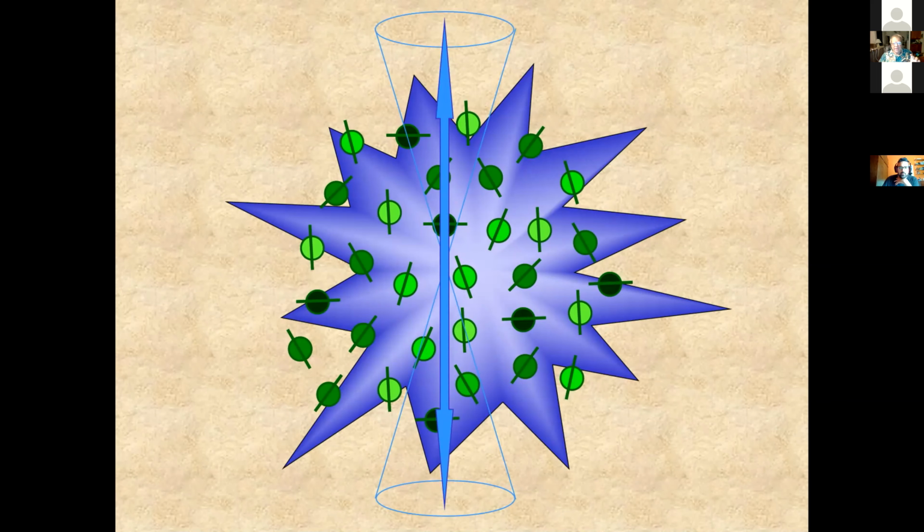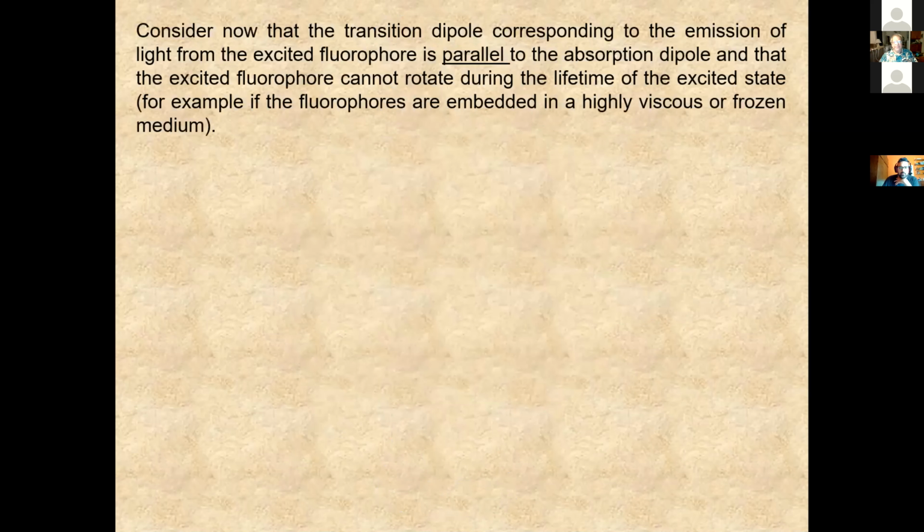And you see they can be a little off. The dimmer green circles are those that still absorb, but they're at a larger angle, so they don't have as high a probability. And the black circles are those molecules whose dipole was perpendicular, so they don't absorb at all. So this is really the photoselection I'm doing.